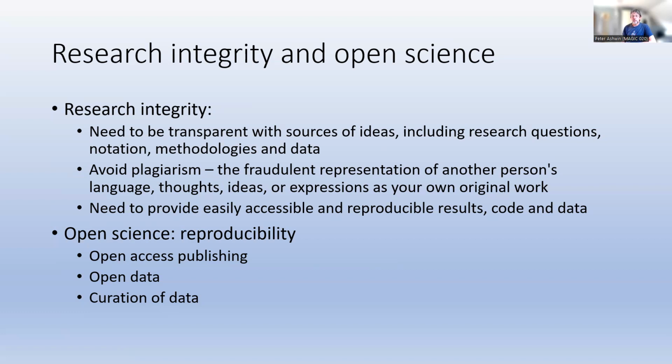Of course, the models for doing that, someone has to pay, are various. I'm not going to go into them here, but it's definitely something you should learn about during your PhD in order to understand how and where you might be able to publish your results.